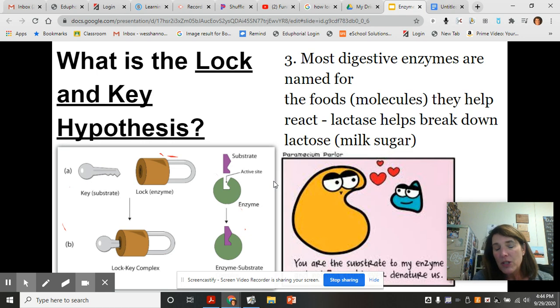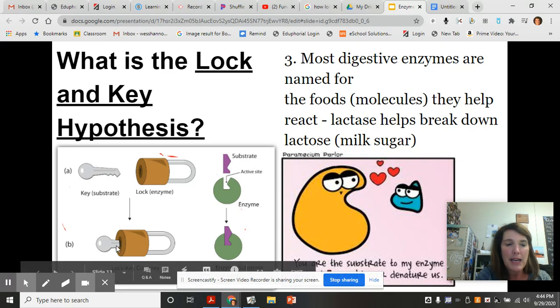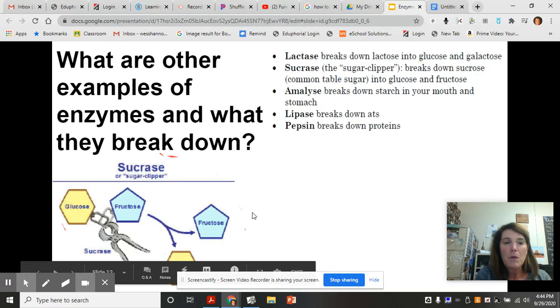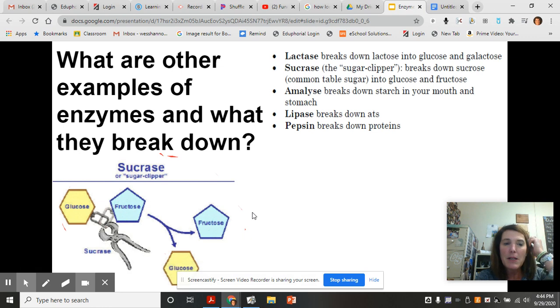Most enzymes are named for the foods that they help react. For example, lactose is like dairy. Lactase is named for it, and it helps break down lactose. What are some other examples of enzymes and what do they break down? Lactose is the one most people have heard of because people say they're lactose intolerant, meaning they can't handle dairy because they are probably missing that lactase, so their body is not digesting dairy as quickly as it should.